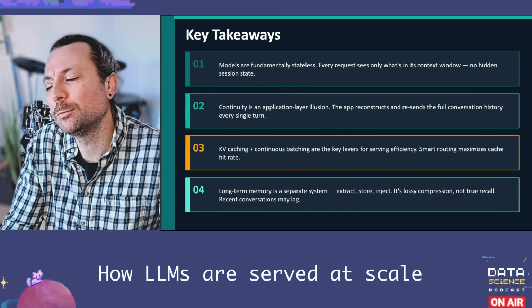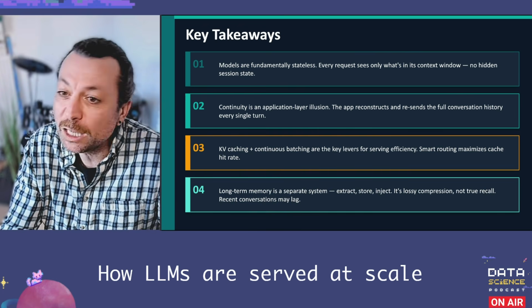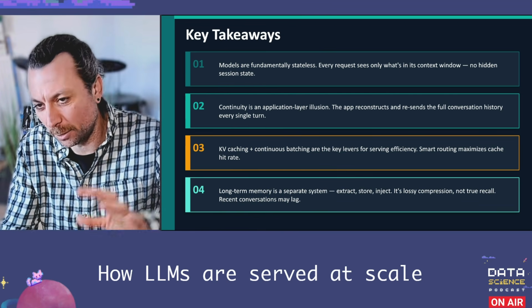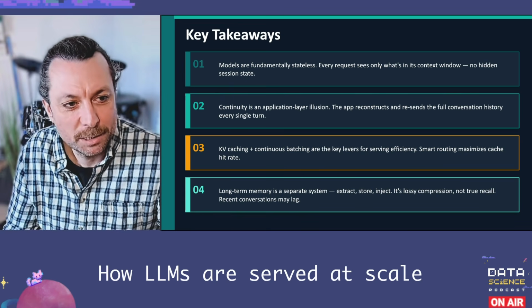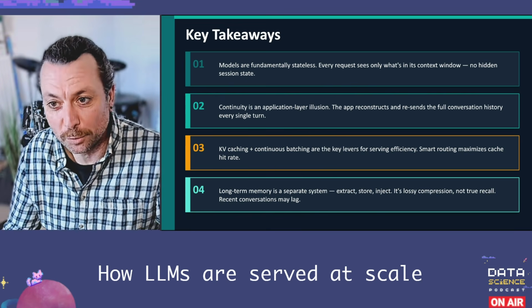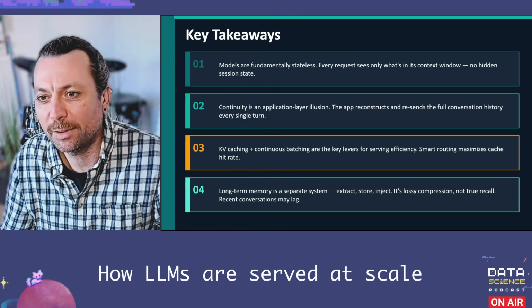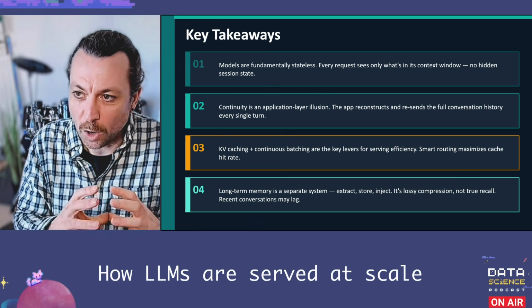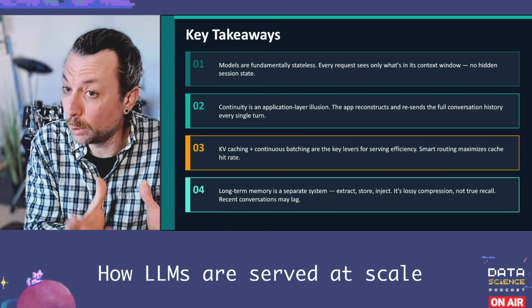And why is that? It's because it's not convenient to make them stateful, because there are a lot of complications there. I'm not going into the details of why, but when you want to serve something at scale, you better have a stateless service. Every request sees only what's in the context window.